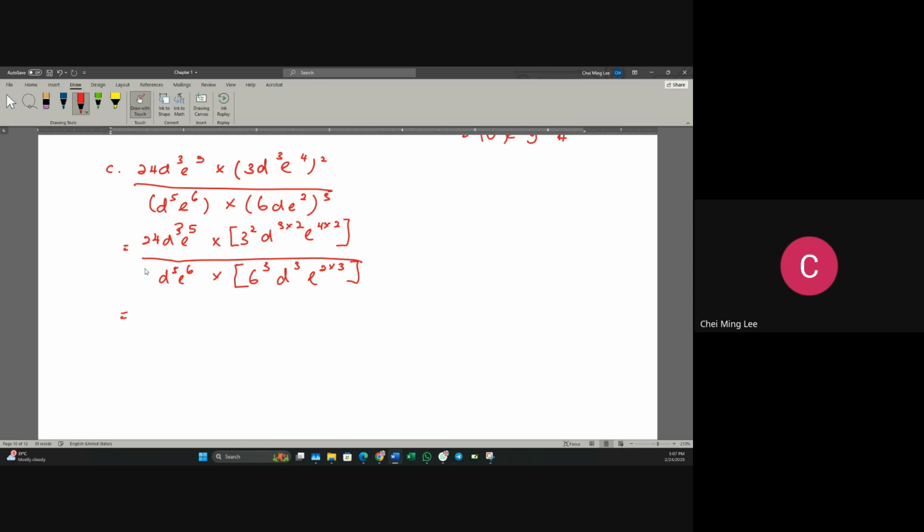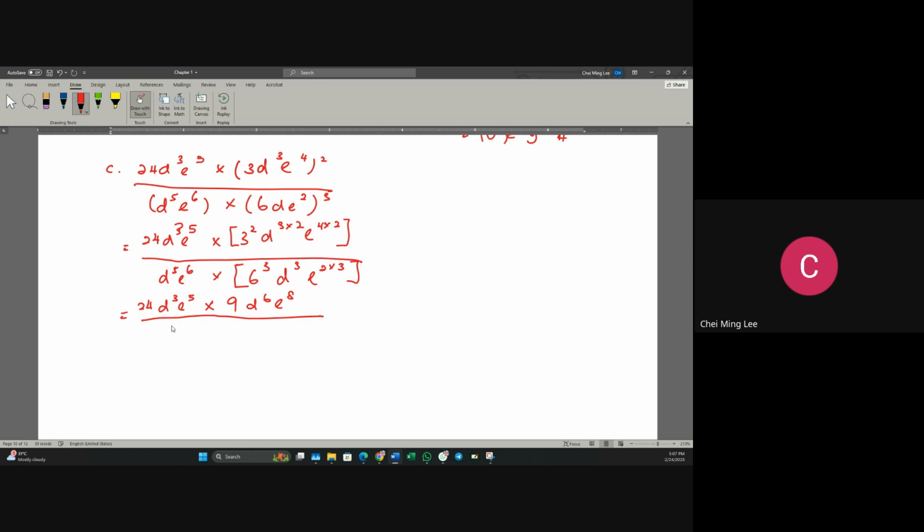So we try to simplify this one. So it's 24d to the power of 3 e to the power of 5 multiplied by, this one is 9 d to the power of 6 e to the power of 8.